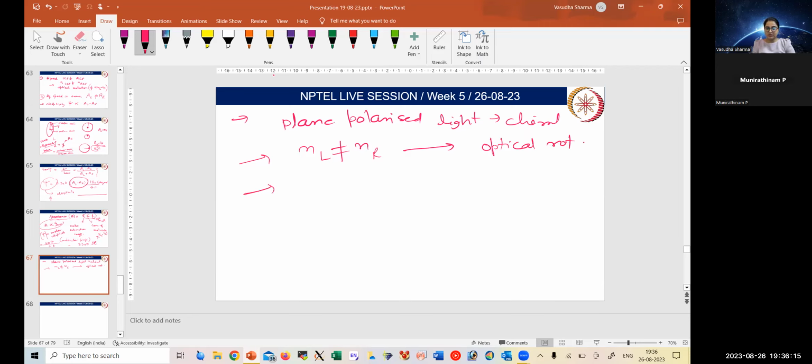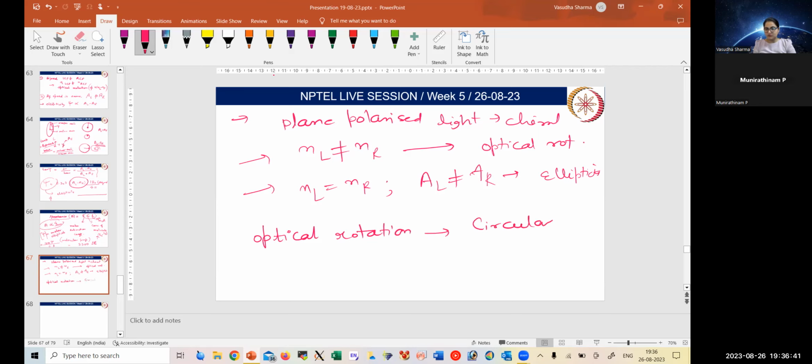Then we got to know that if NL is equal to NR, that means the speed of light in that particular medium is the same, but the absorbance is not the same, then it will give you the ellipticity. And also to add on to this point, the phenomenon of optical rotation comes under circular birefringence.